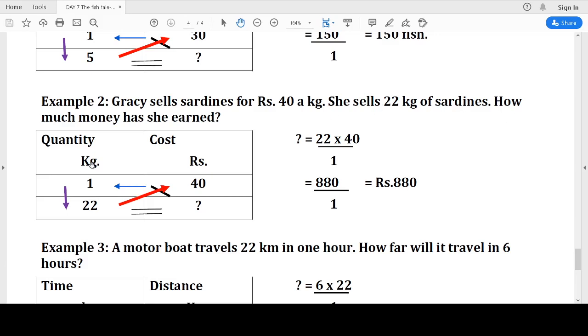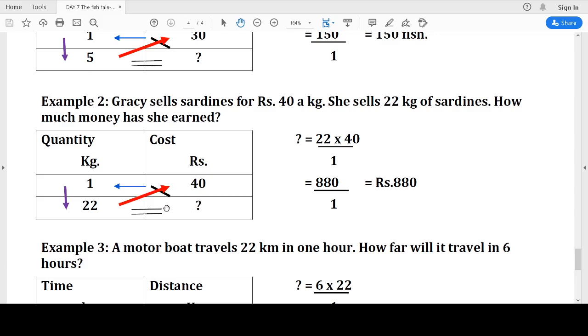The two quantities given here are kg and rupees, that is quantity and cost. For 1 kg she sells it for 40 rupees. She totally sells 22 kg for what amount of rupees, that we have to find. So here we put a question mark.